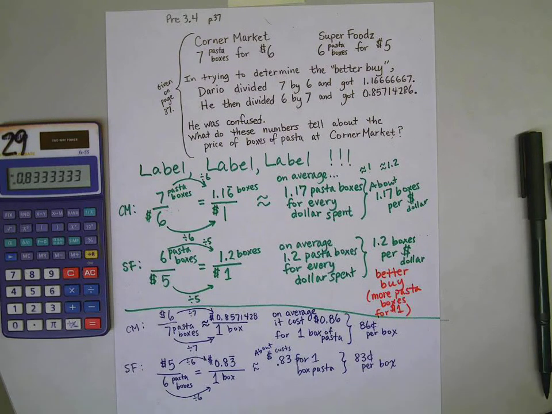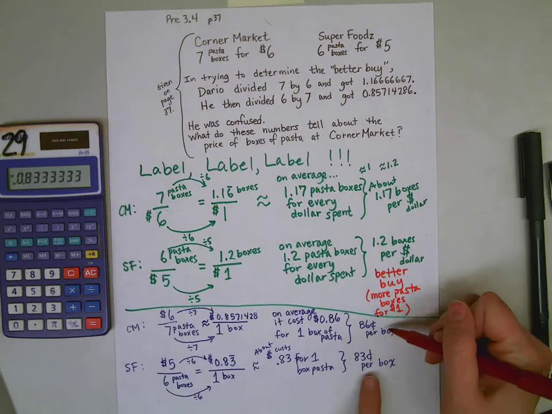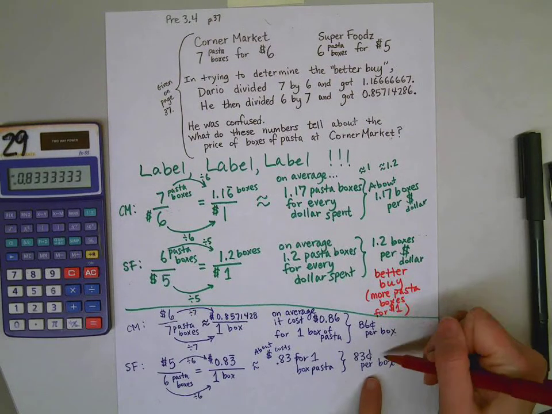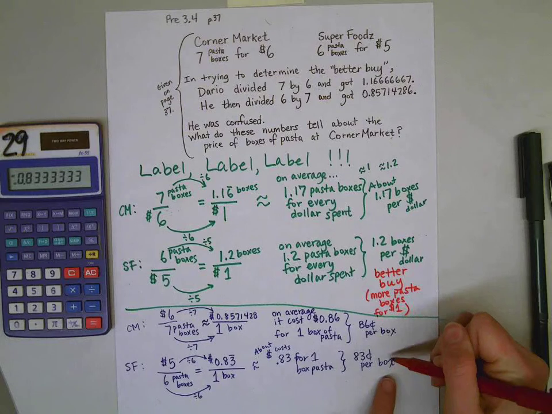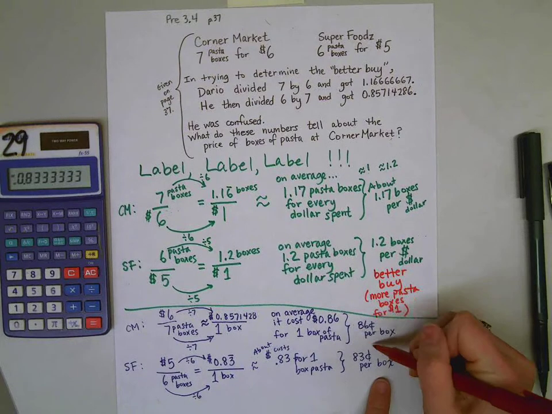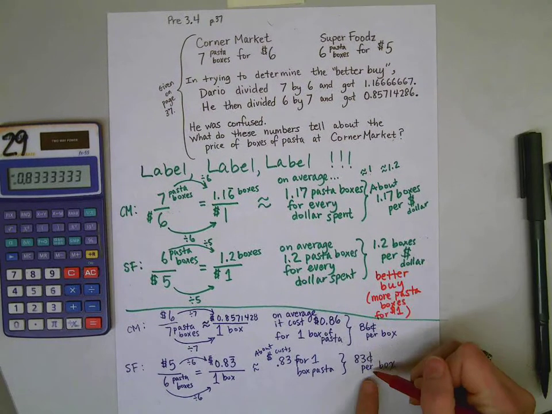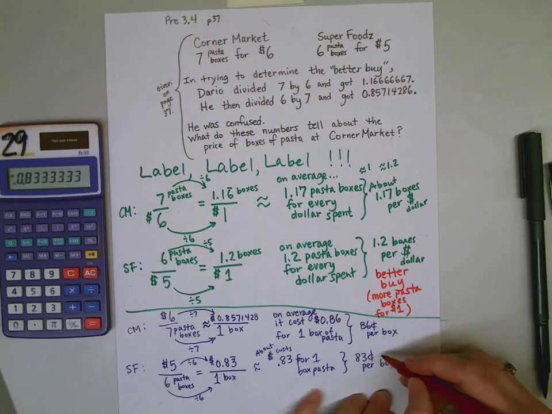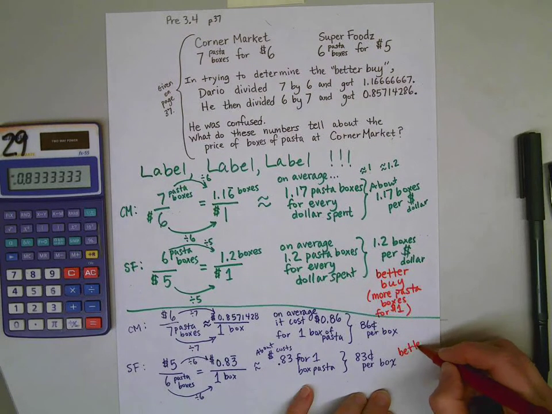Now comparing the better buy. This time we're looking at 86 cents per box compared to 83 cents per box. It costs more per one box, less per one box, therefore this is the better buy.